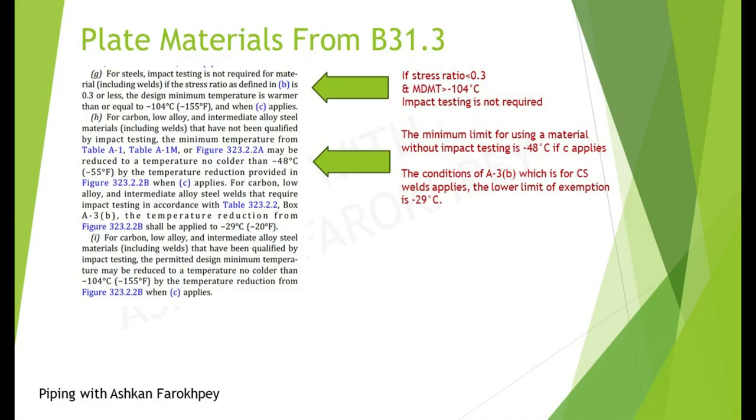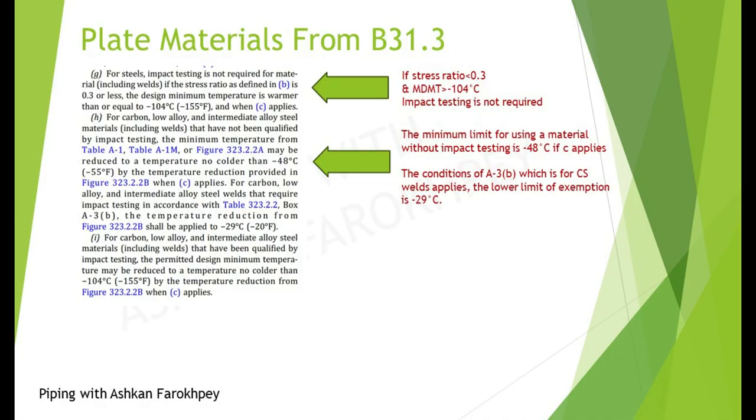In other words, you can use the exemption figure, however, it cannot be used at temperatures cooler than the minimum design temperature of minus 48. If your minimum design temperature is minus 62, in our case for example, you have to do the impact testing. You can pause the video and read the exact text from the code. Then resume it to see how we extract interpretations from it.